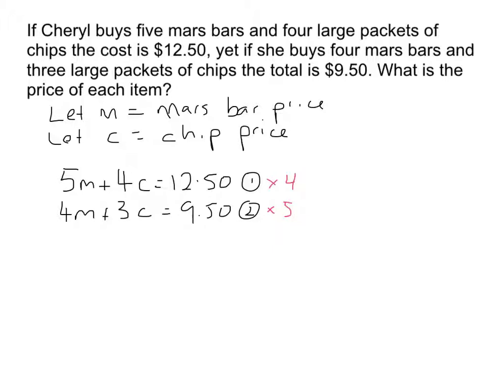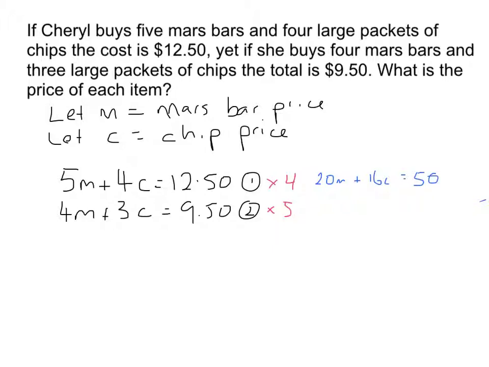So 5M times 4 is 20M plus 4C times 4 is 16C equals $12.50 times 4. Double 12.50 is 25, double it again is 50.